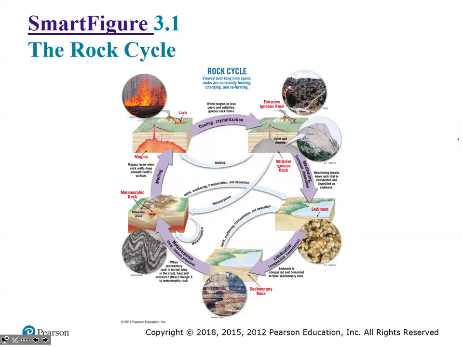Any rock, an igneous rock, a metamorphic rock, or a sedimentary rock, can be broken into little pieces to form sediment, which can lithify and form a sedimentary rock. So the sediment can come from any sort of rock. And again, any rock, igneous, sedimentary, or even other metamorphic rocks, can metamorphose to become a metamorphic rock.